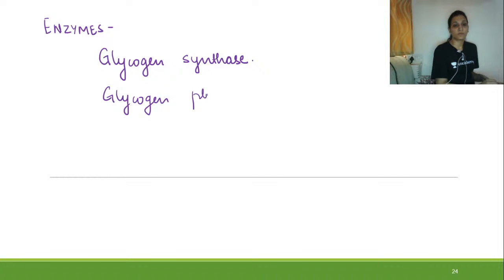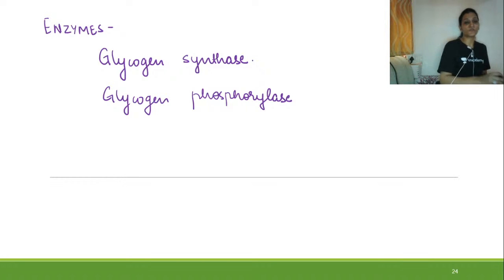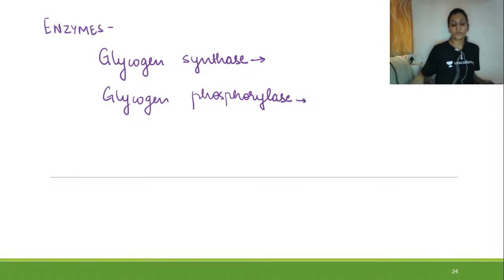We were saying that these two enzymes are the key enzymes. We have already talked about glycogen synthase and glycogen phosphorylase. What is the function of glycogen synthase? What is the function of glycogen phosphorylase? Haven't we talked about them in detail?